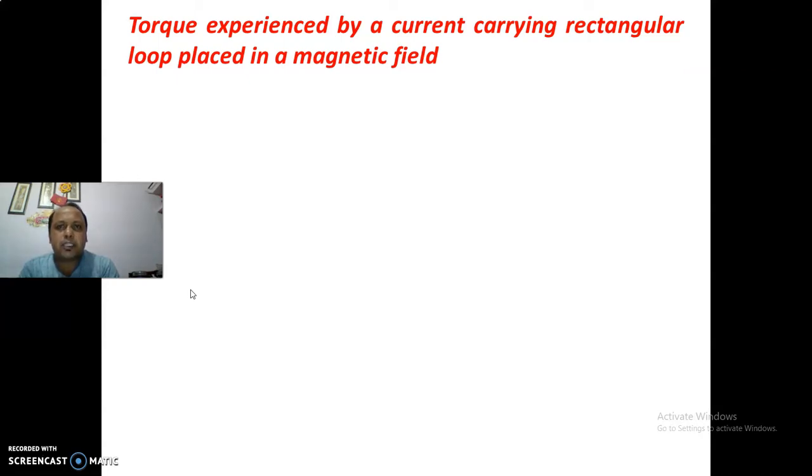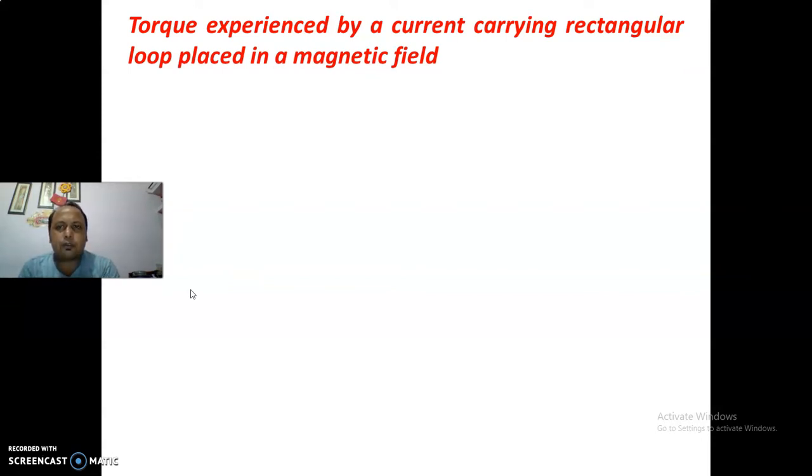Torque is nothing but the rotating effect of force. Suppose two forces are acting on a body in the opposite direction such that they rotate the body. Then the value of torque will be the magnitude of either of the forces into the perpendicular distance between them. So that was the basic concept of force that you have studied in the previous class also.